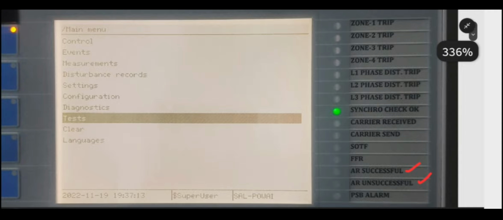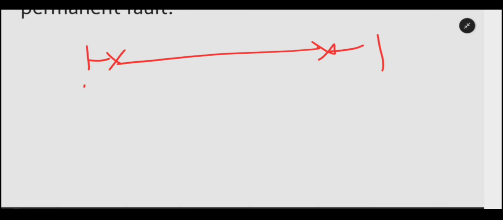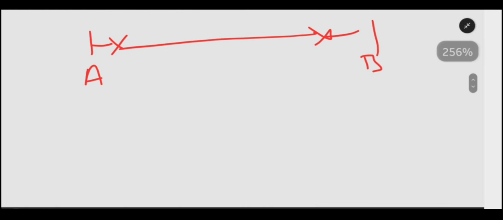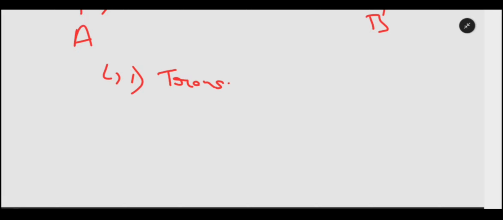Most of the faults in the transmission lines are of the transient type. There may be two types of fault. If this is the breaker and this is the line, suppose A and B are the transmission line. The kind of fault that can occur in the transmission line, the first one may be the transient fault, and the second one can be the permanent fault.